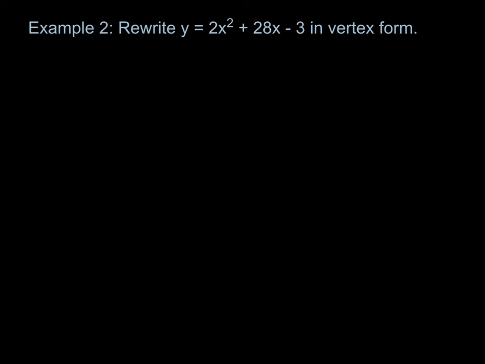I've got another example here. In this case, my a value is no longer 1. So I'm going to rewrite y equals 2x squared plus 28x minus 3 in vertex form.